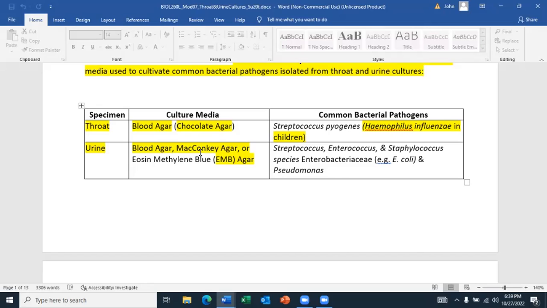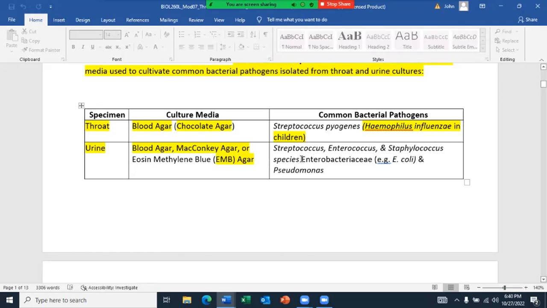Now, for the Enterobacteriaceae and the Pseudomonas, we will grow them on McConkey's and EMB, because these plates are selective for gram-negative, and they're gram-negative.